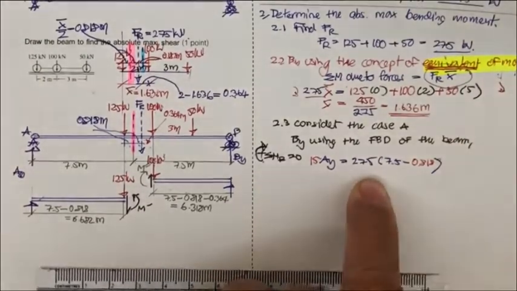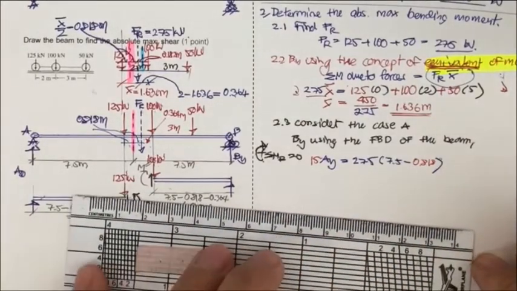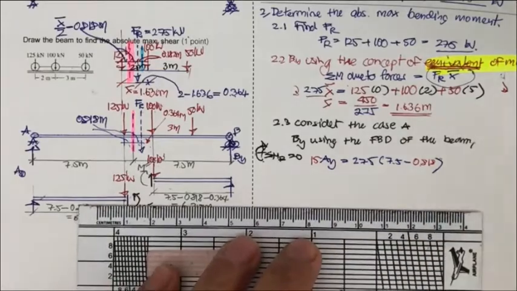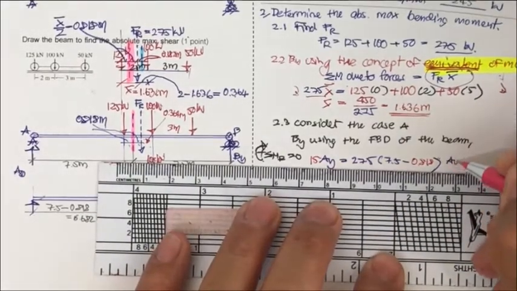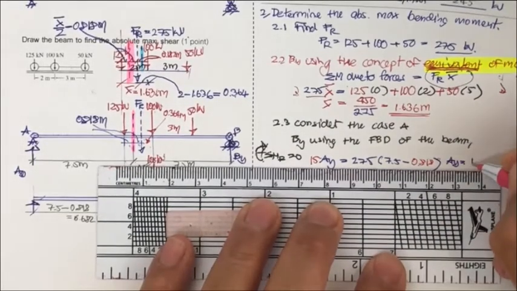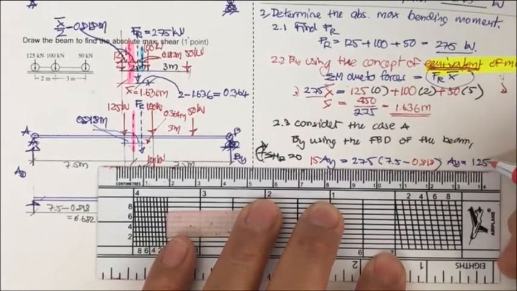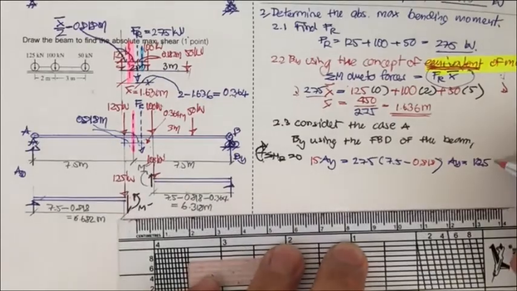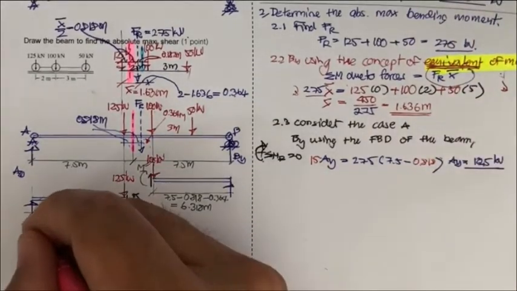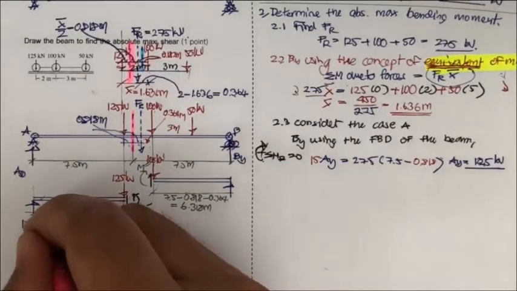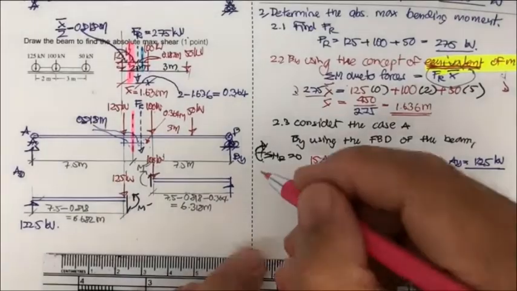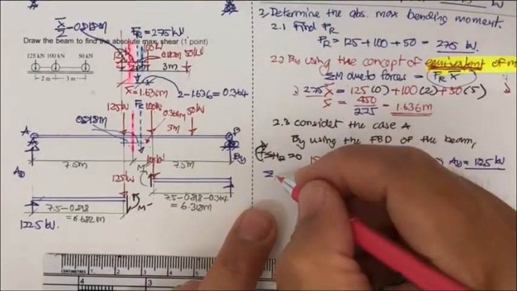And then if you do this, you're going to get the A sub y, and you may get A sub y equal to, I'm putting this because we don't have much space to write, 122.5 kilonewton. And then we're going to find F sub B also.